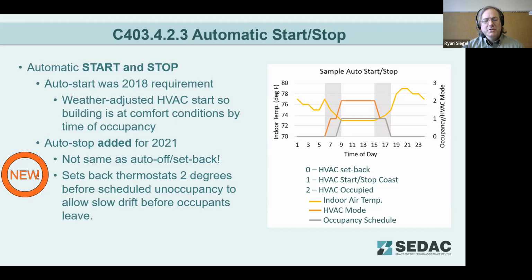What this is doing is letting the building coast into your setback or your overnight settings during your minimally occupied times. And it calls out how to do this: it's going to set back the thermostat 2 degrees before my typical scheduled unoccupied times, allowing the building to coast into that evening time.